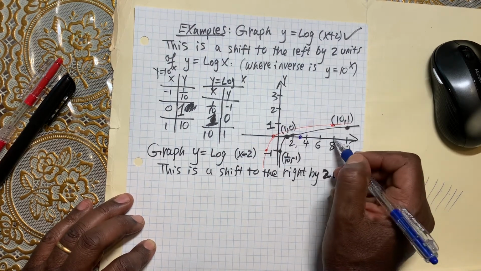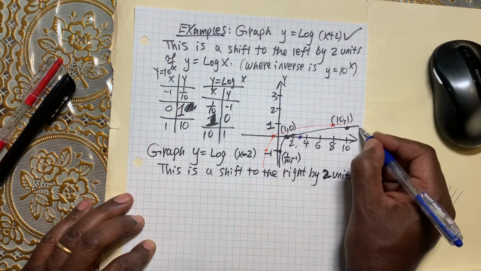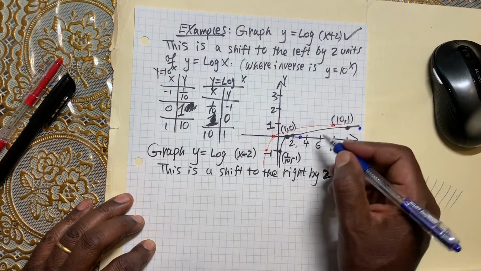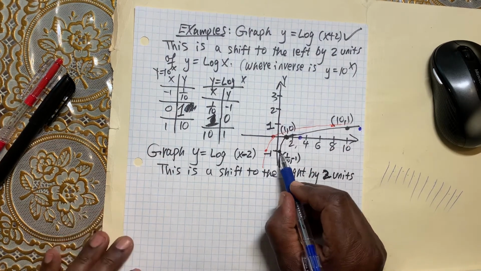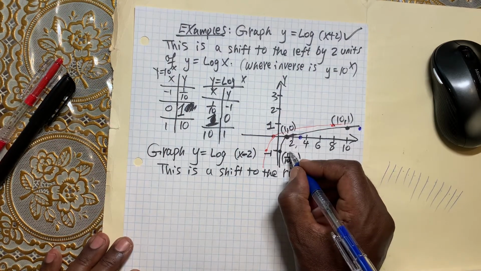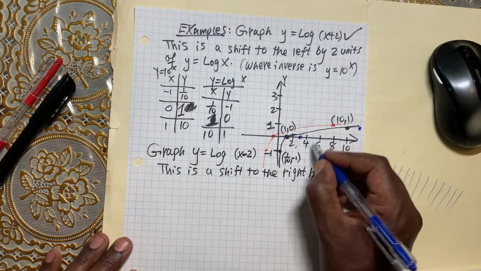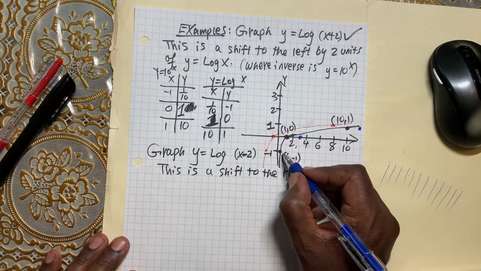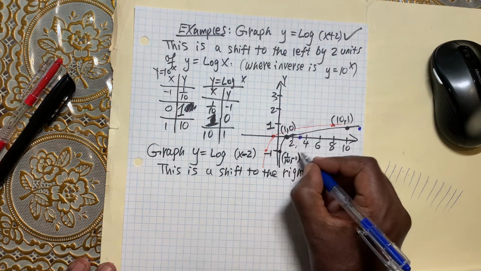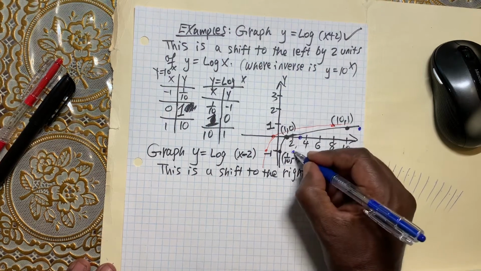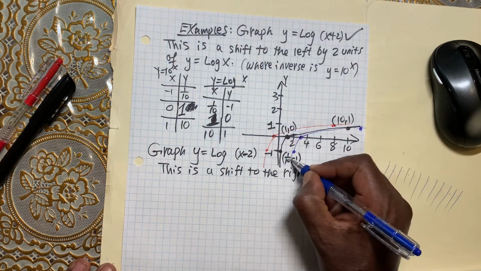The 10, 1 becomes 12, 1 here. And the 1 over 10 becomes 2 and 1 over 10, just around here. Okay, so this is it.